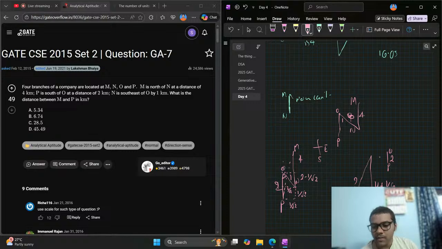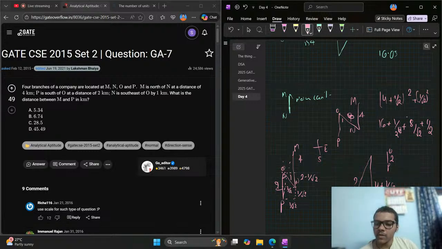And you need this length, that's it. 4 plus 1 by root 2 whole square plus 1 by root 2 whole square is equal to your answer square. 16 plus 1 by 4 plus 2ab, right? 8 by root 2 plus 1 by 2. Oh wait, this is 1 by 2. A square plus b square plus 2ab.